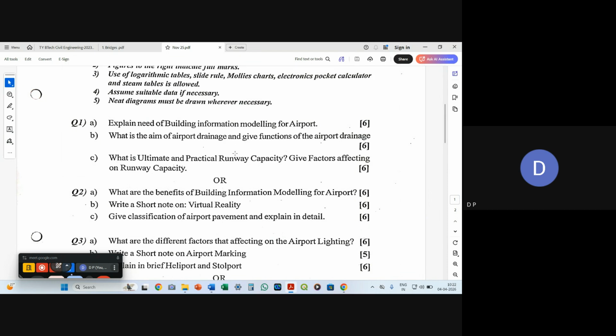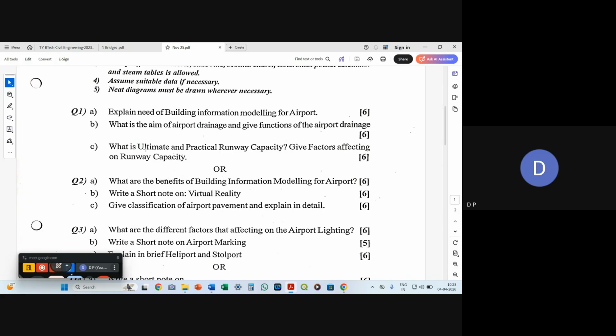So you have to explain how drainage is important, or considering urban flooding, how you can provide good drainage facility at the airport and keep the airport working during the rainfall, maximum rainfall, or when the city gets flooded. At that time, that particular airport facility will be available for emergency operations or disaster management. So we have discussed. Next question is, what is ultimate and practical runway capacity?